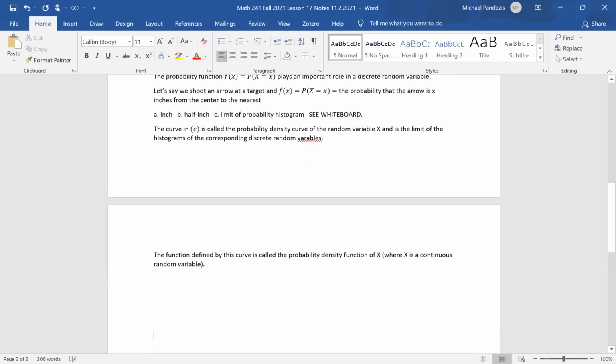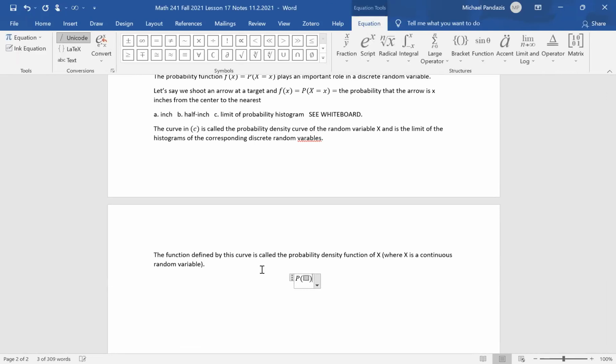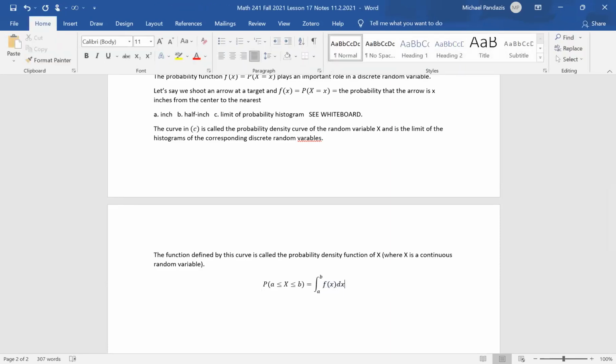Okay. So the probability that X is somewhere between A and B inclusive is equal to the definite integral from A to B of this PDF function. Okay.